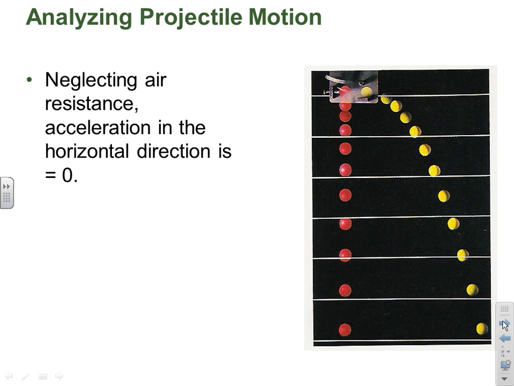So think about it in terms of a football game, right? Let's say a quarterback is running as he throws the ball. There's a horizontal motion there that the ball already has. Now it goes up and down, right? The receiver isn't necessarily running the same speed that the quarterback was running. You know what I'm saying?